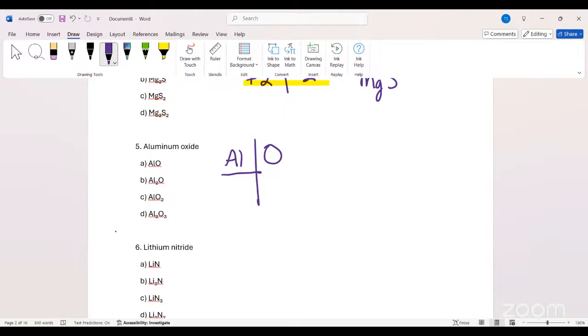So you've got Al, and aluminum has a positive 3 charge. Oxygen has a negative 2 charge. So in the comment box below, I want you guys to put your formula for that one, okay? Give me the letter A, B, C, or D.